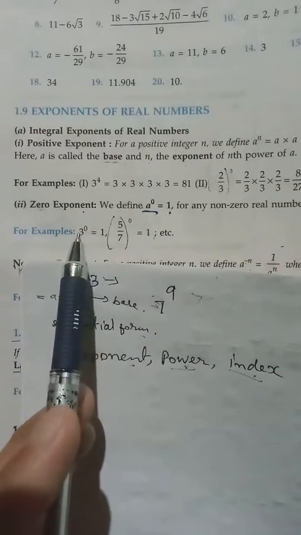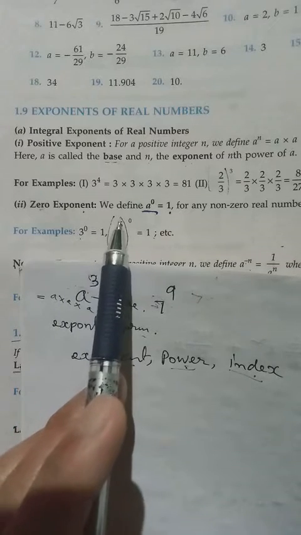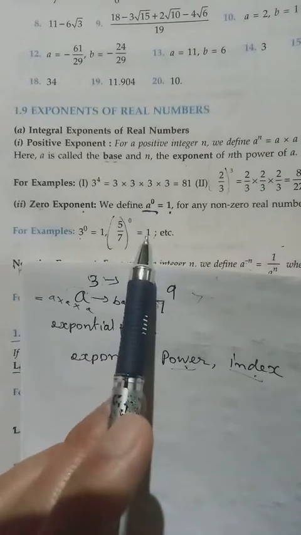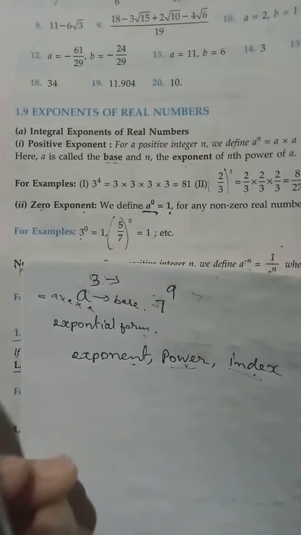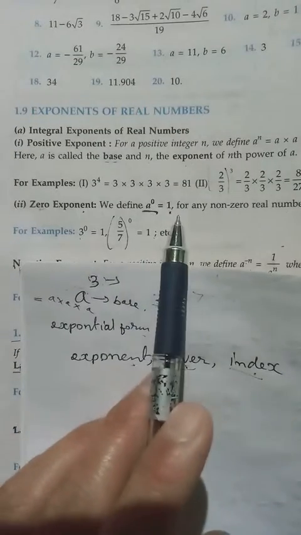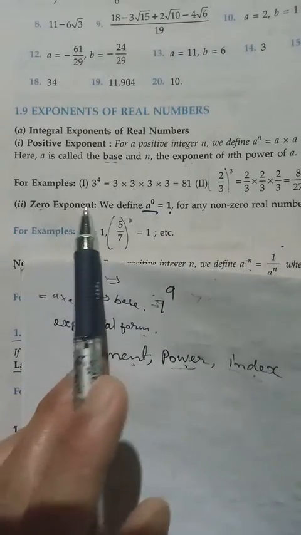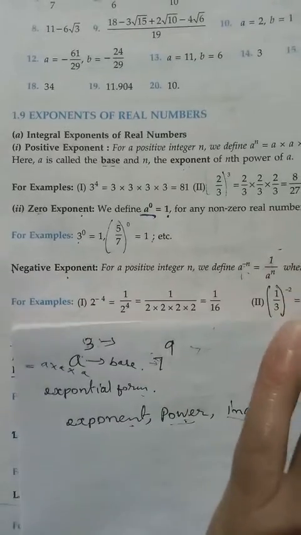Like here you see 3 to the power 0 equals 1. 5 by 7, you put the bracket, to the power 0, there also equals 1. Whenever you have any base to the power 0, that is equal to 1. And if we have power 0, we call it zero exponent.